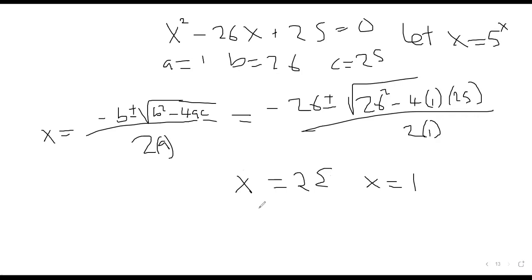Since our x was equal to 5 to the power x, we're going to substitute here. Where there's x, we put 25 is equal to 5 to the power x. And where there's x here, we put 1 to find 5 to the power x. Remember, I said, how do we find the value of x? You can use logs. I know the answer is supposed to be 2, but I told you that if you're not sure, you use logs.